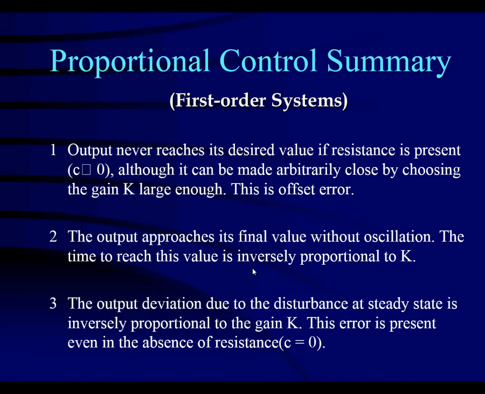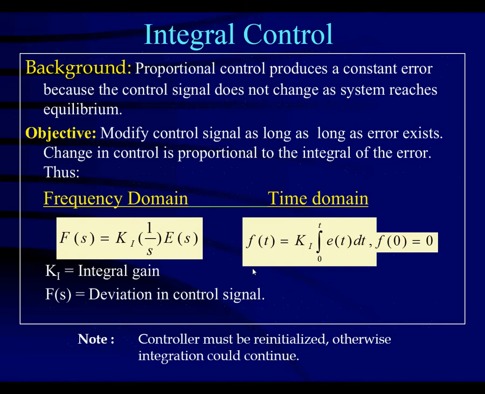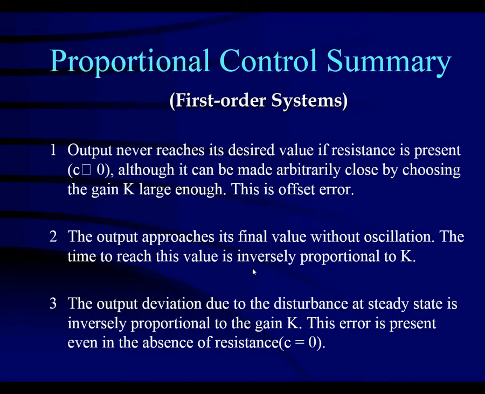The deviation due to the disturbance at the steady state is inversely proportional to the gain. Gain is another word that is used for the control constant. So it always has an error. This is a drawback of the proportional control. So let's just stop for now on the proportional control, and we'll continue with the integral control in another video.